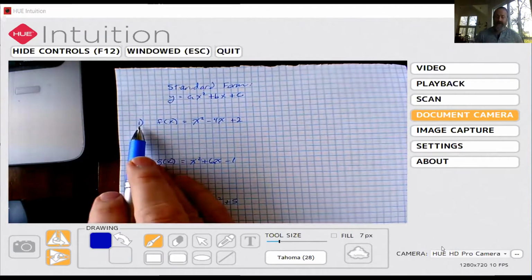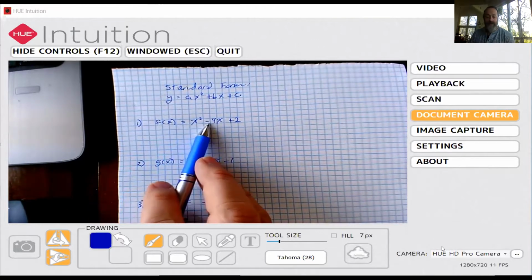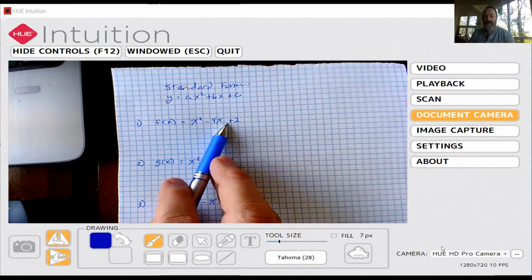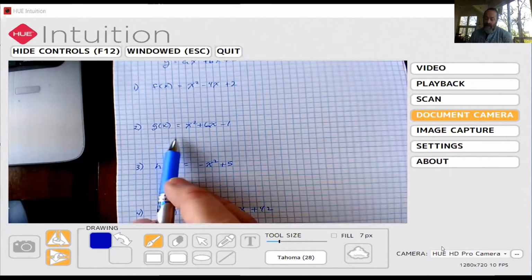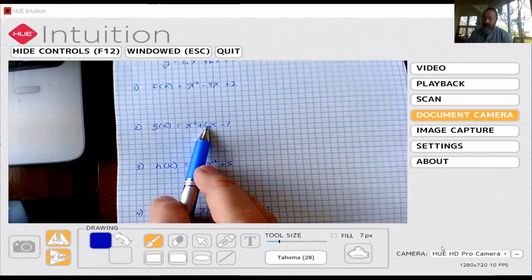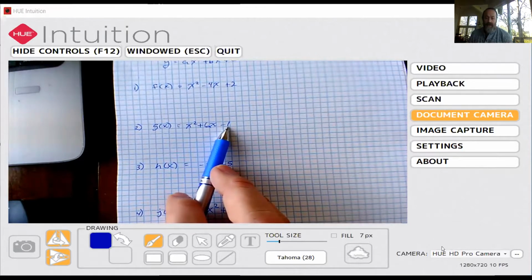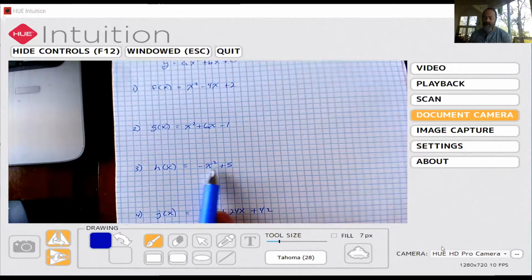In this first problem, my a value is 1, my b value is -4, and my c value is 2. In the second one, a is 1, b is 6, and c is -1. Number 3, I put in there to emphasize something: the x term is missing, which implies that it's 0.